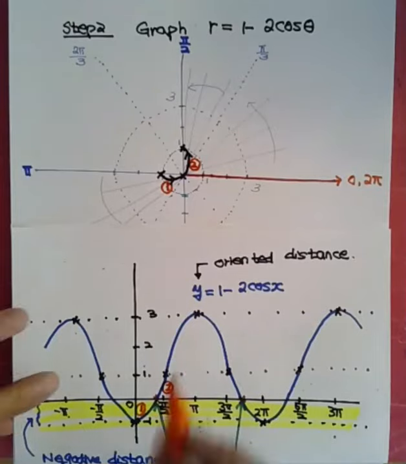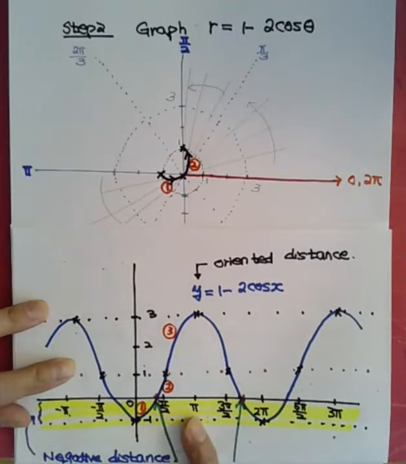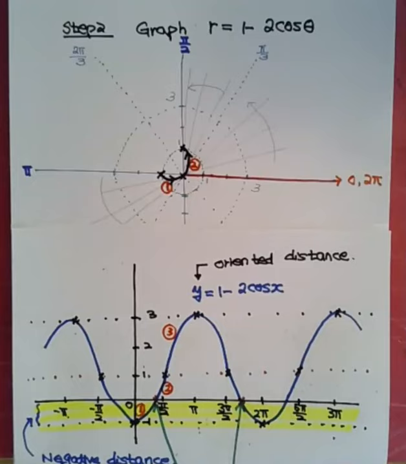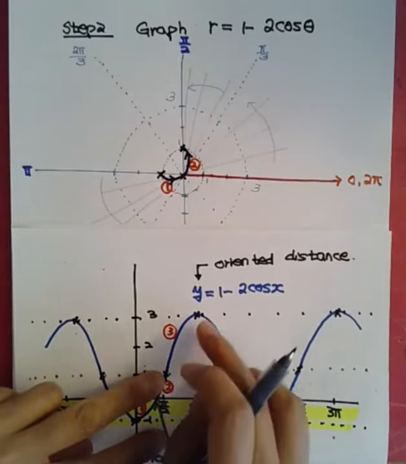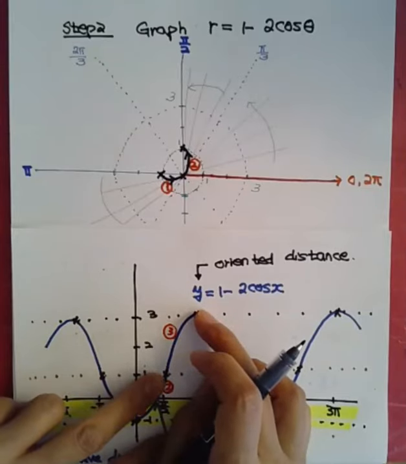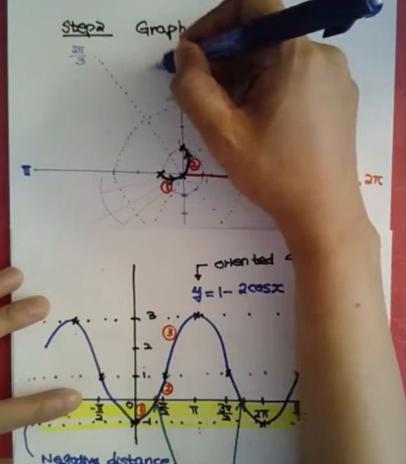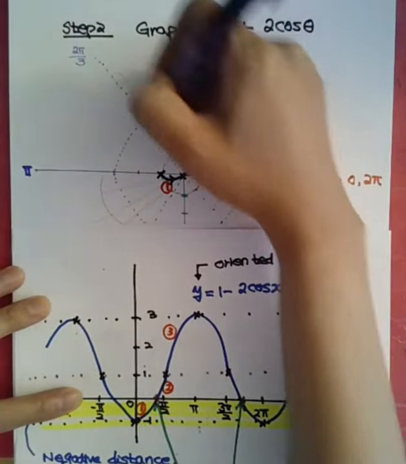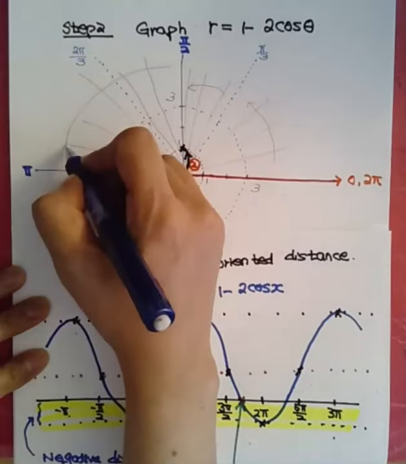If we consider the region between pi over 2 and pi, then the distance will start from 1 and then increase and eventually become 3. It will follow the angle direction. So we are thinking about these angles and we are going this way.